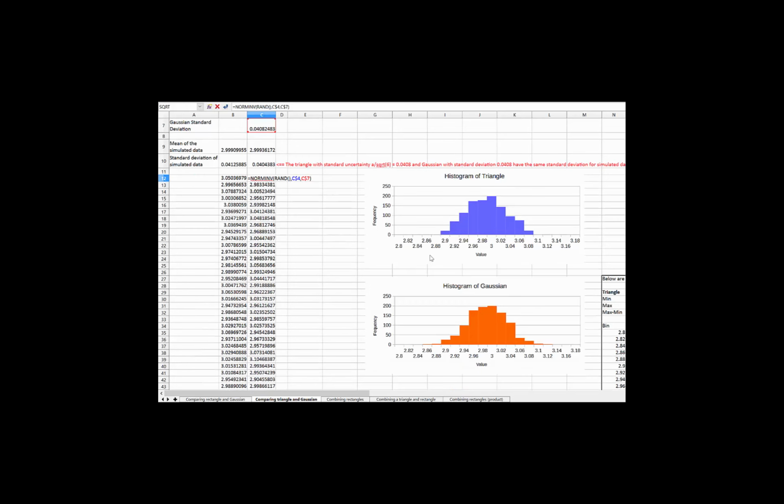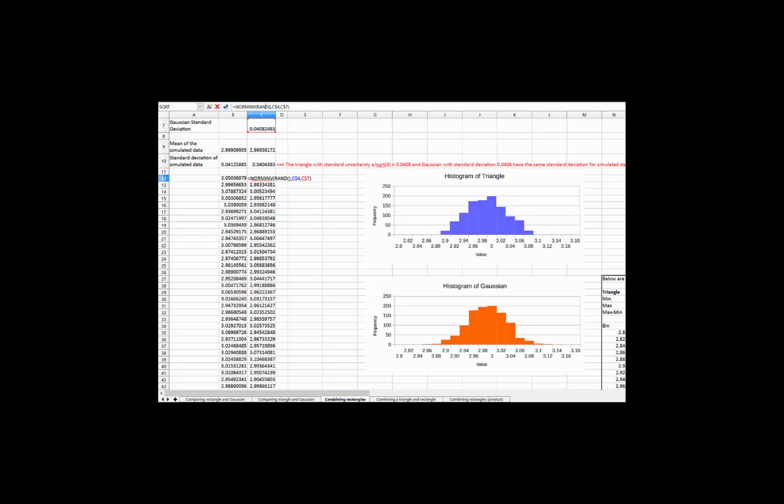Then if I compare what my triangle and my Gaussian look like, they look pretty similar. The big difference is that there's a tail with the Gaussian that just doesn't exist with the triangle. And of course, if I simulated enough data, you'd see the triangle's a little bit more peaked. Or the very peak is very, well, it's a triangle.